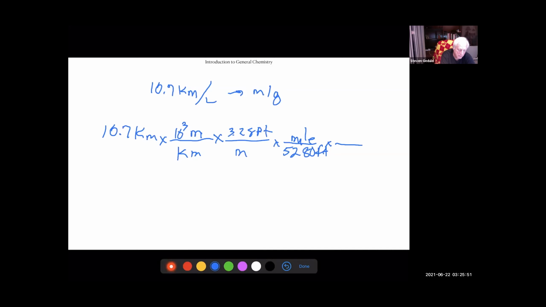And now I've got to get liters into gallons. I don't know the conversion. I have to look on a conversion chart for that. So how many liters per gallon? I have to look that up. I don't know it off the top of my head. Let me do it on my cell phone.